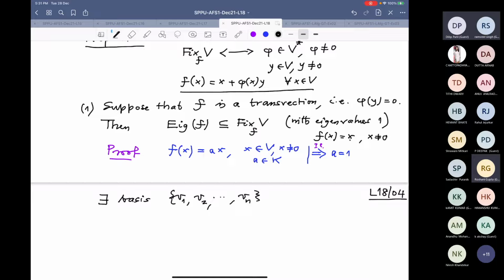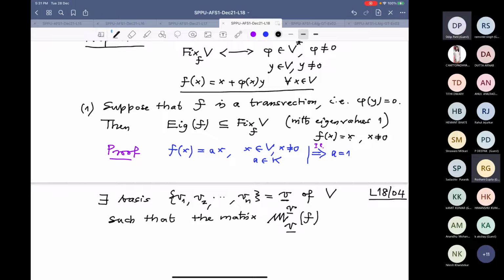So the basis I am denoting by V underline here, such that the matrix M, V, V, F is B1, 2, 1.